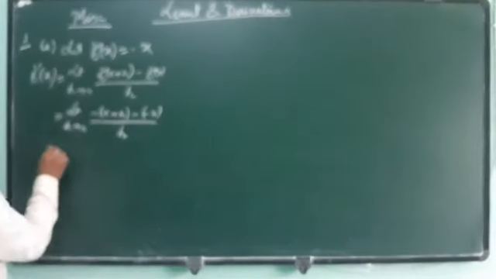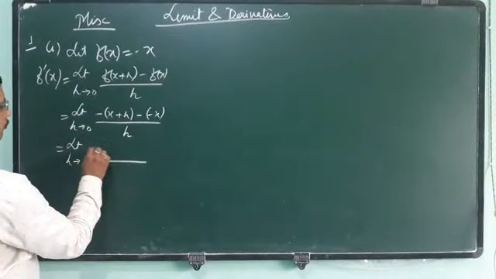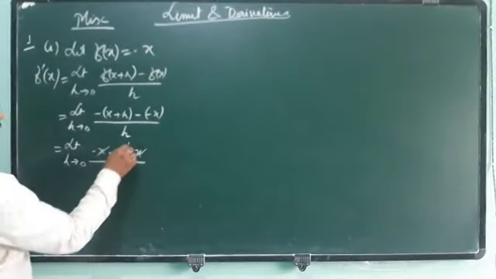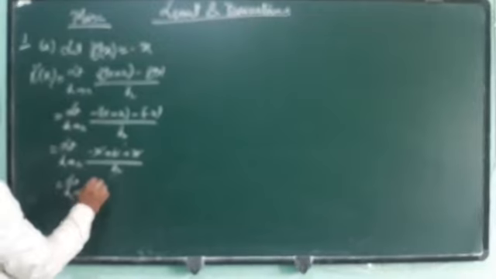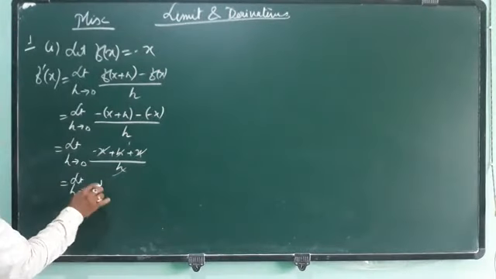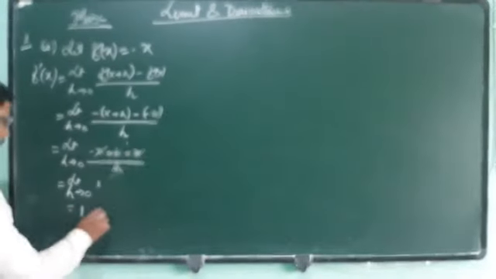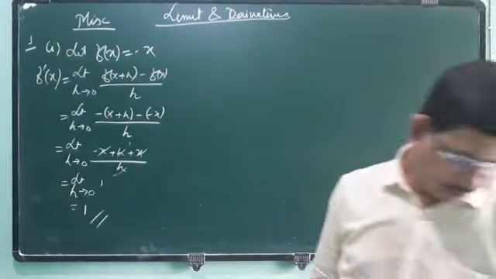If we open this bracket, it will be minus x minus h plus x by h. The x cancels, h by h is 1. So limit h tends to 0 is 1. There is no place to put the value of h as 0, so we get 1. So this is our derivative of this function f(x).